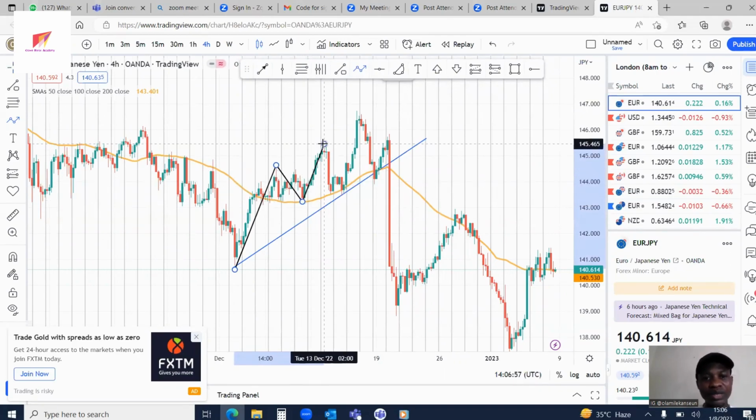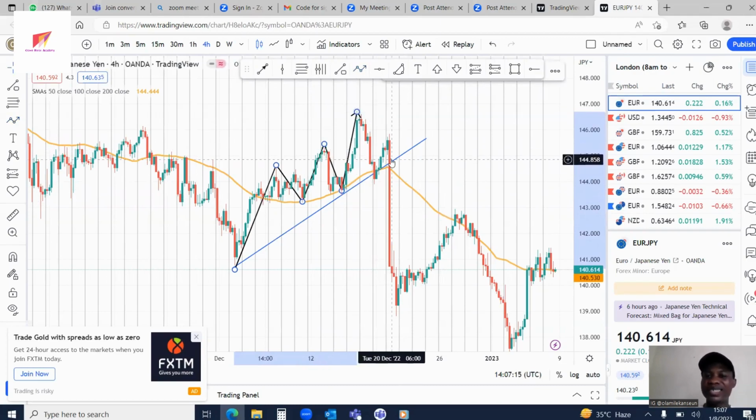Created a higher high. But instead of the market creating a higher low, it didn't create a higher low. It came back to this zone and tested this previous higher low, which is this, before going up.